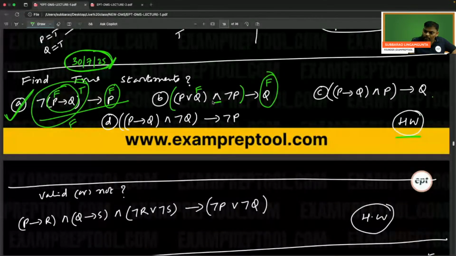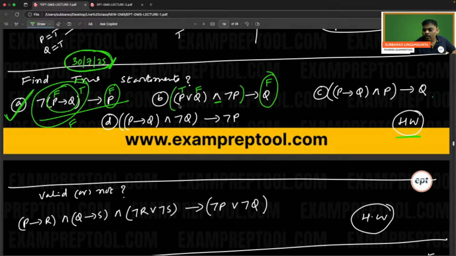So Q is already false. If you take P as true, this will become true, but negation P becomes false. So true and false becomes false. Are you getting it?